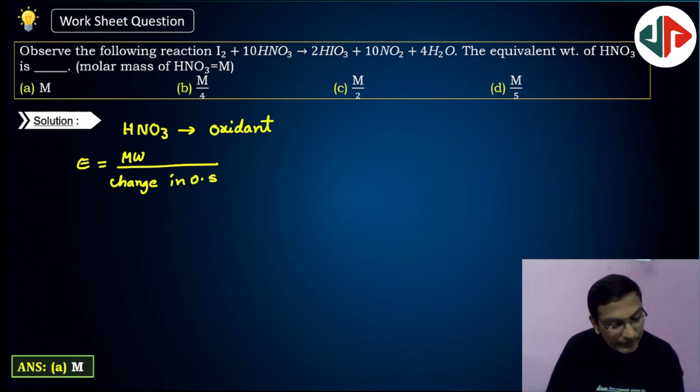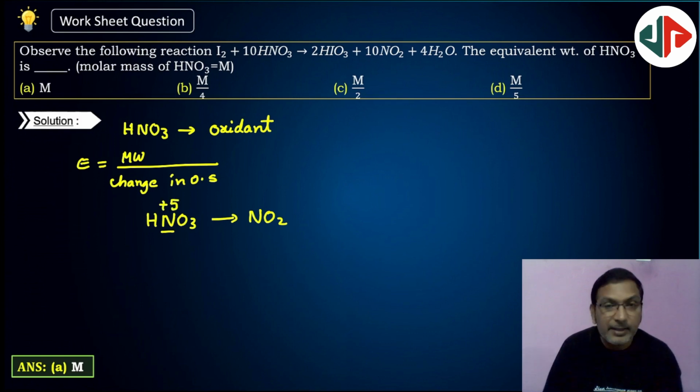Simple question. So here on reactant side HNO3 is present, on product side NO2 is present. Here N oxidation state plus 5 and here N oxidation state plus 4. So change in oxidation state, which is equal to molecular weight by N factor.